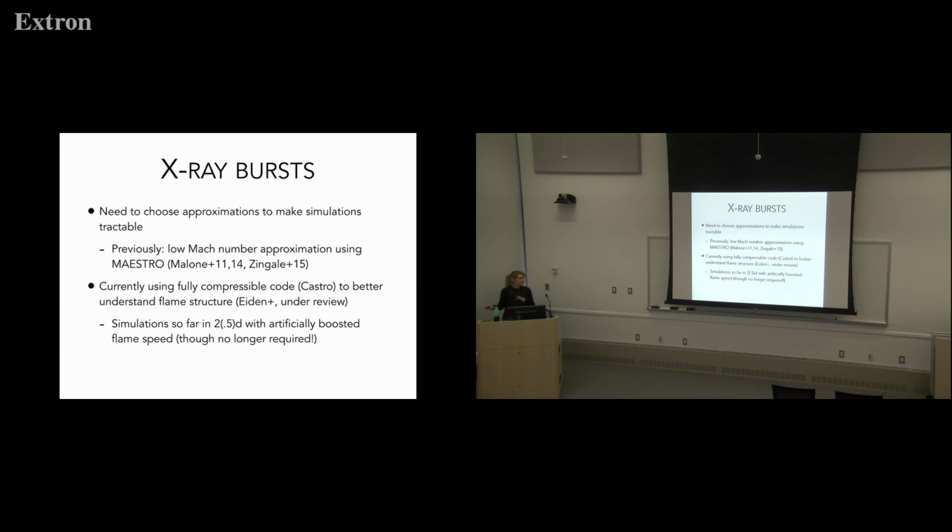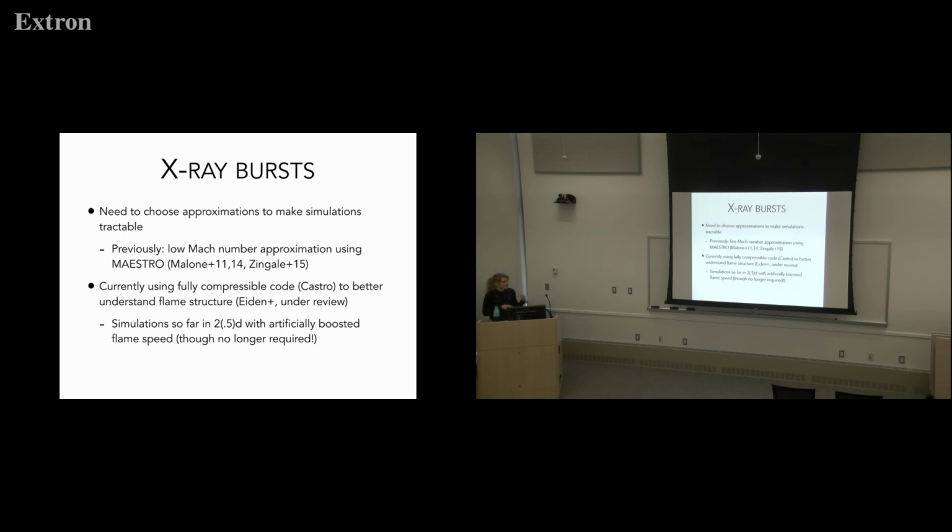Now what we're doing at the moment is a bit of a cheat: we're not actually using the low Mach approximation currently. We're trying to better understand the flame structure itself, and to do that, we're using our fully compressible code. So far, we've been doing simulations in what's called 2.5D. We're doing a two-dimensional model, but still capturing the velocity out of the plane.